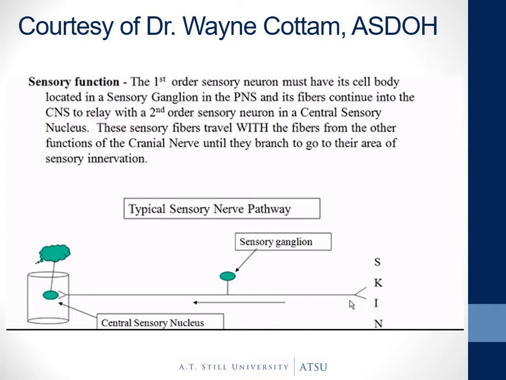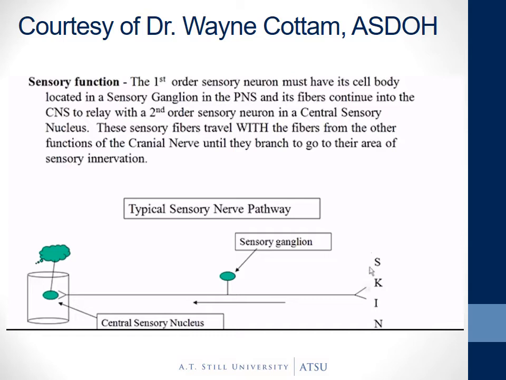The first order sensory neuron must have its cell body located in a sensory ganglion in the peripheral nervous system, and its fibers continue into the central nervous system to relay with a second order sensory neuron in a central sensory nucleus. It's important to remember that these sensory fibers travel with the fibers from the other functions of the cranial nerve until they branch to go to their area of sensory innervation.